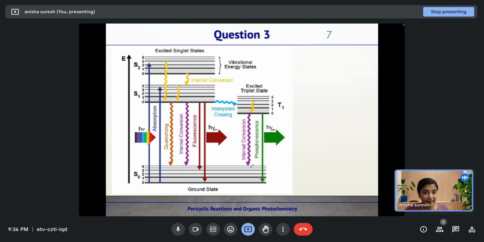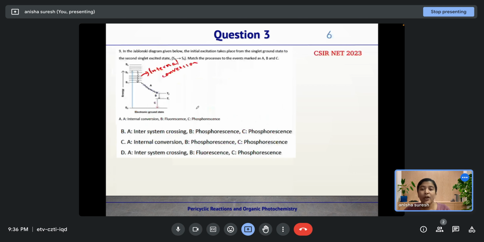So from the information given in the Jablonski diagram that we are seeing right now, we can say this A, that is S1 to T2 by a non-radiative pathway, is known as intersystem crossing. Then T2 to T1 is a radiative loss.